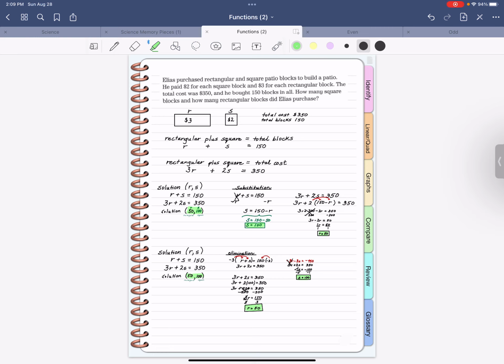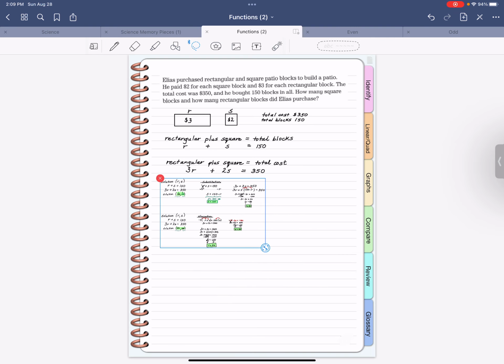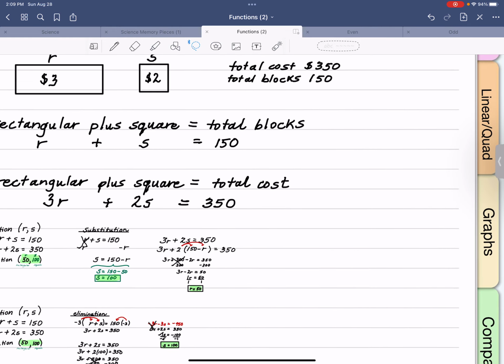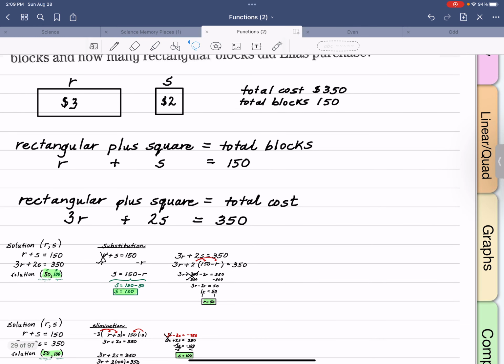Actually, let me go ahead. You guys are going to love me, aren't you? I need to make this smaller so I can pull a graph in here. Let's go ahead and see if we can make room for a graph. So my first equation, R plus S is 150, let's go ahead and get the slope.